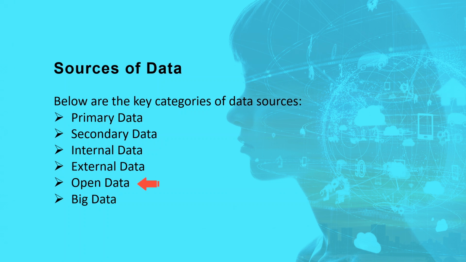International organizations, data shared by entities like the World Bank, WHO or United Nations on global issues like poverty, climate change and economic development are also examples of open data.